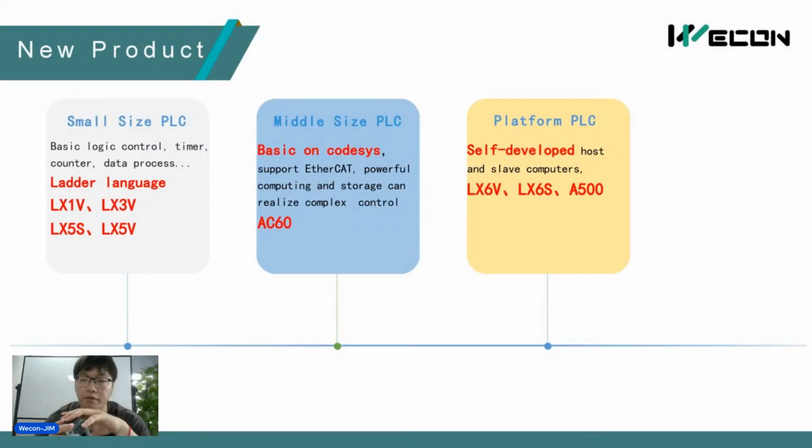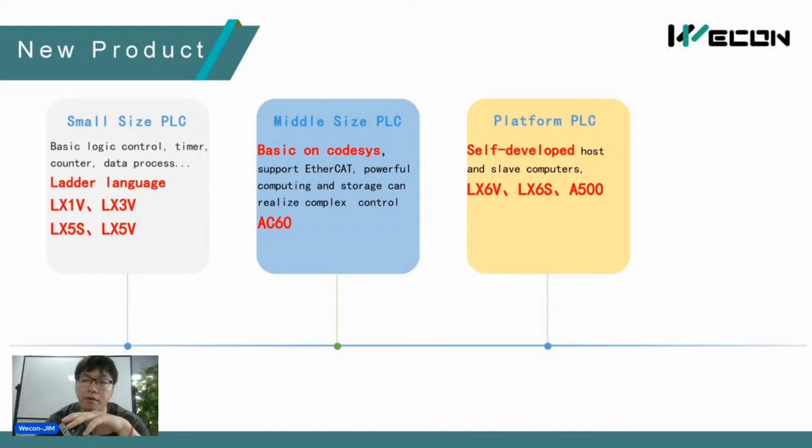This series PLC is one of our platform PLCs. What's a platform PLC? A platform PLC is absolutely self-developed by our R&D. I mean, the hardware, the software, and the runtime of the PLC are all developed by ourselves.